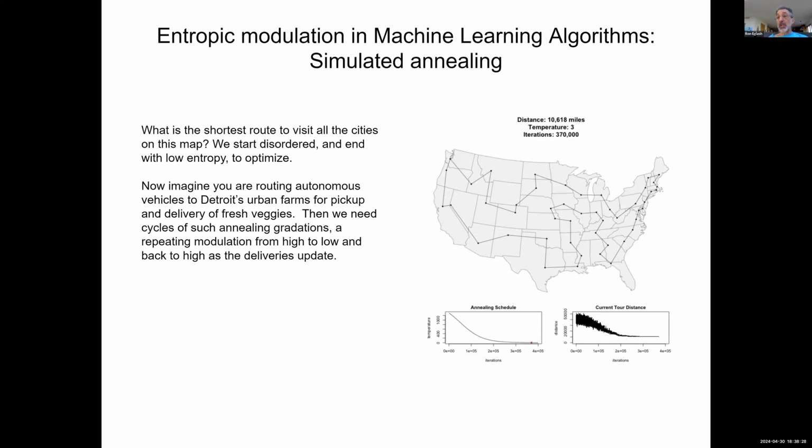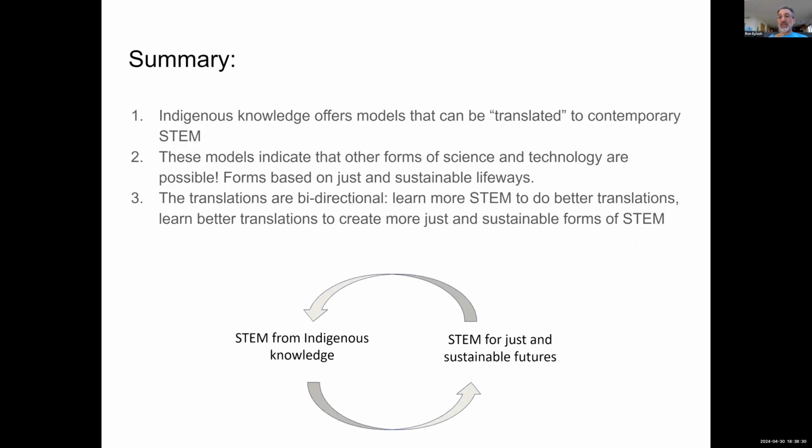So we're really looking at the various ways that we can think about translating between these indigenous systems that do things in ways that are beneficial for biodiversity, beneficial for more egalitarian, more democratized societies, and thinking about translating between that and the way that we teach our STEM education classes.